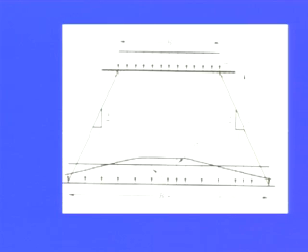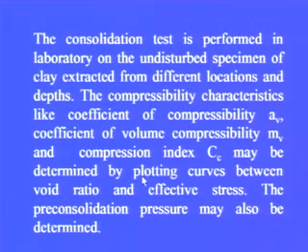Hence we can calculate the mean stress, the increase in stress due to the foundation loading. This is the curve which we obtain either by the Boussinesq method or by the Westergaard method, whereas this uniform stress intensity we get by the 2:1 method.